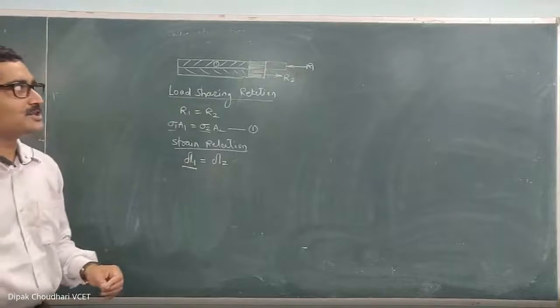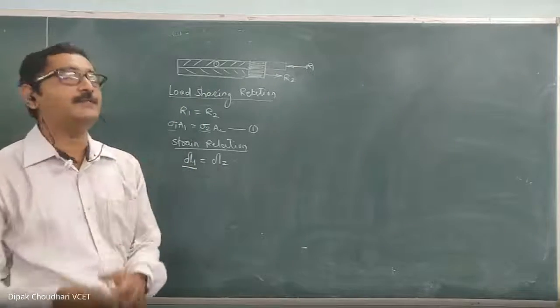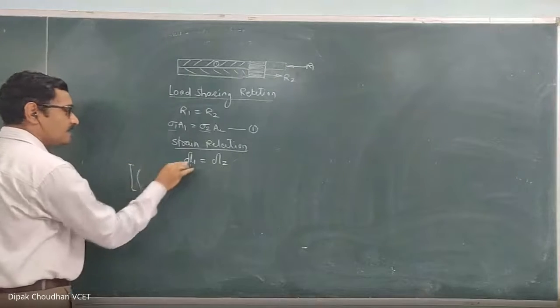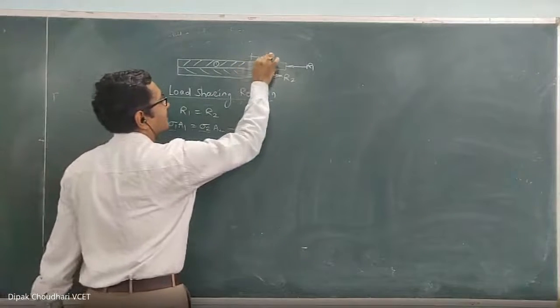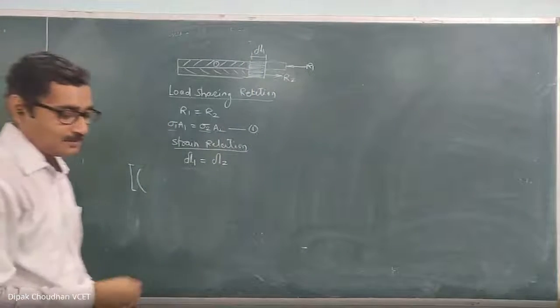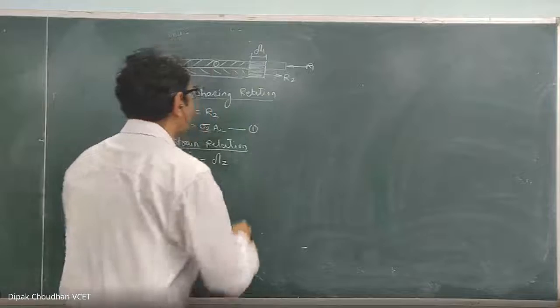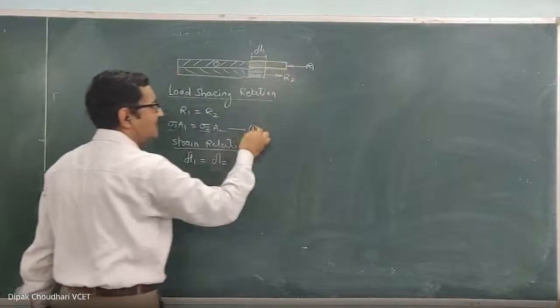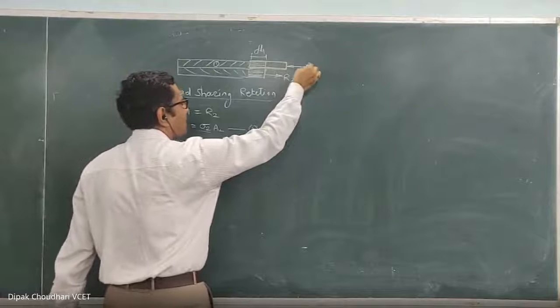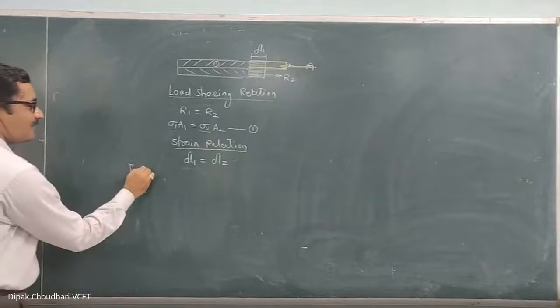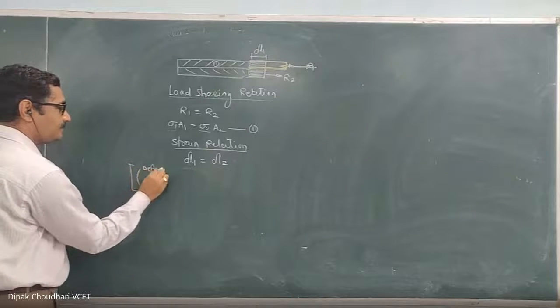This final deformation consists of two different types of deformation. The first is the deformation because of the change in temperature, and the second is the deformation because of the axial force.